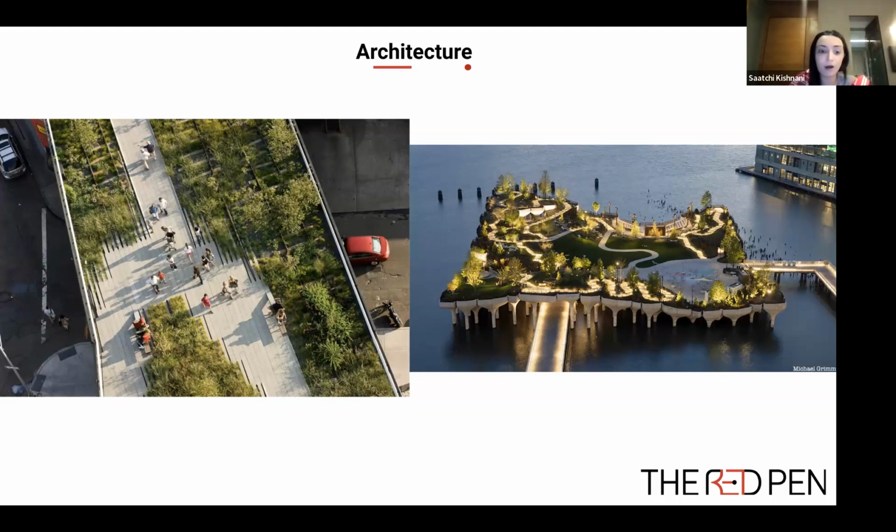It's basically a raised parkway that goes along the west side of New York. On the right, it's basically an entire island on vertical stilts at different heights, and that's called Little Island in New York. Again, it encompasses the difference in the treatment of even landscape architecture.